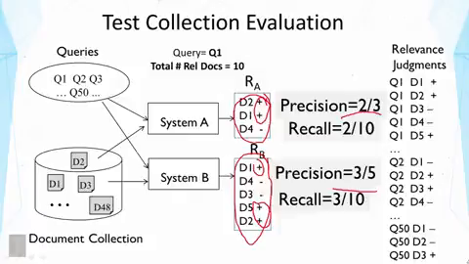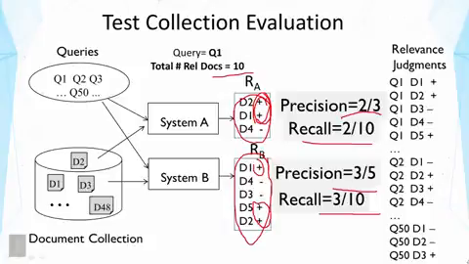So we just assume that there are 10 relevant documents in the collection. And here we've got 2 of them in system A. So the recall is 2 out of 10. Whereas system B has got 3, so it's 3 out of 10. Now we can see by recall, system B is better.